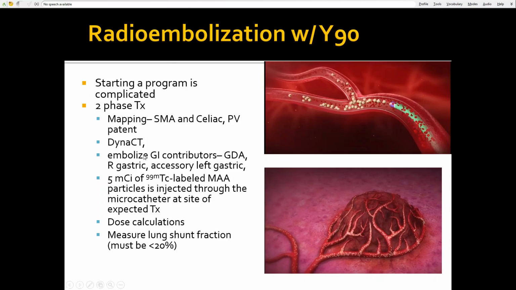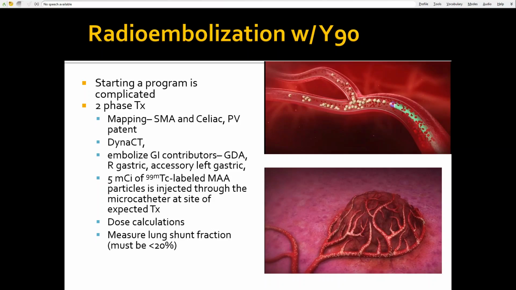So again, the radioembolization procedure itself encompasses 2 phases typically. There's a mapping phase and then there's a treatment phase. And in general, the mapping phase maps out the anatomy that you're going to be dealing with. You know, what artery is it that's actually feeding the tumor?